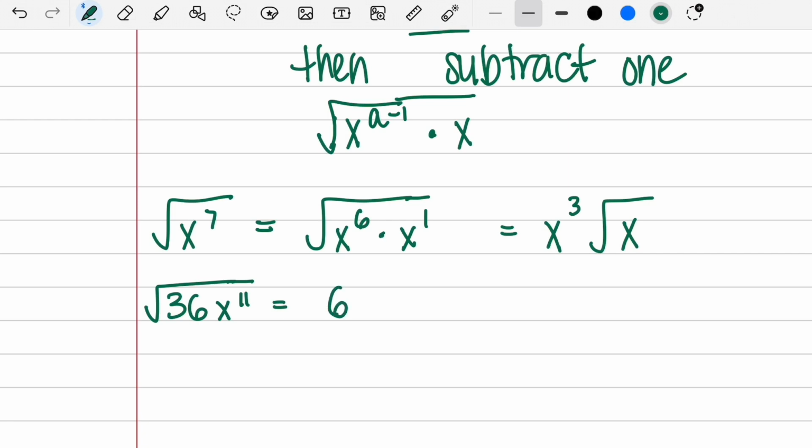That would go on the outside. x^11, I'm going to split that up into x^10 and just an x^1. Again, we're going to subtract 1 from the 11 to get 10, and then our other 1 that we took away from it. 10 is even. Divide that by 2. We get x to the power of 5 with that little x waiting for us on the inside.